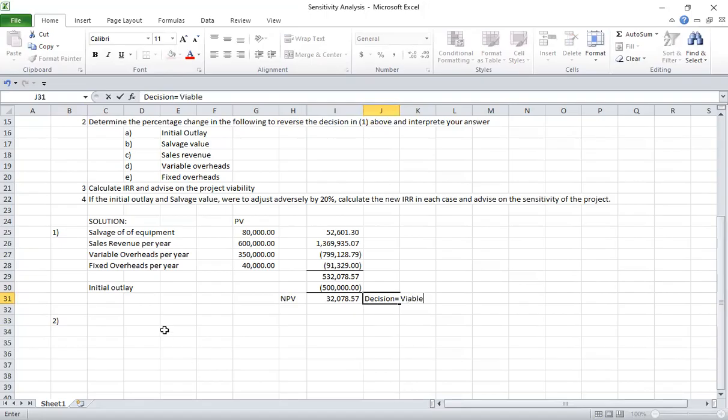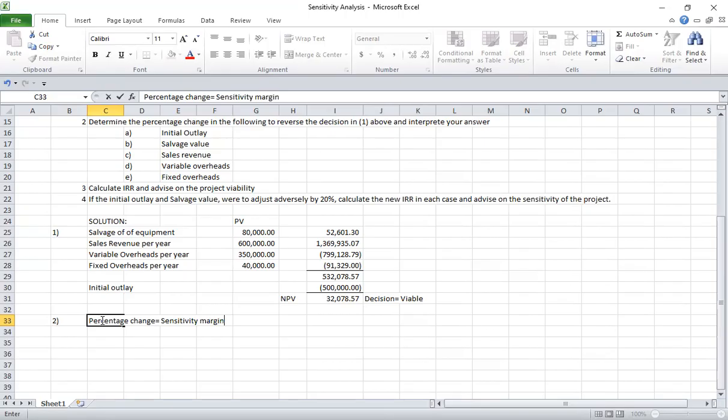In number 2, we are looking for the percentage change. When we talk of the percentage change in those listed variables under number 2, we are talking about what we can also call sensitivity margin.